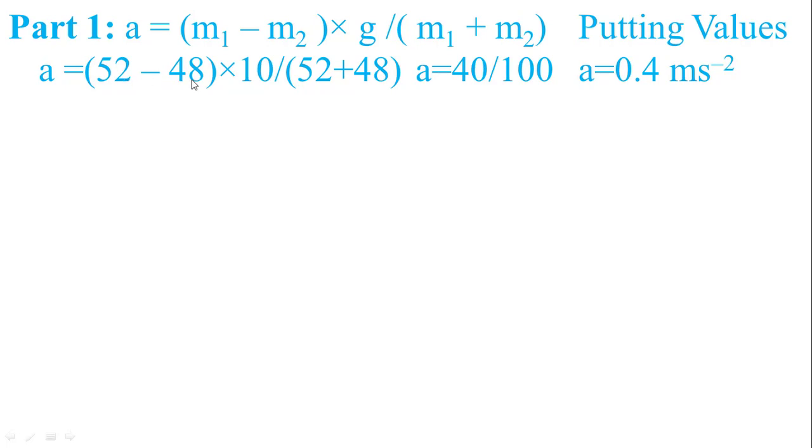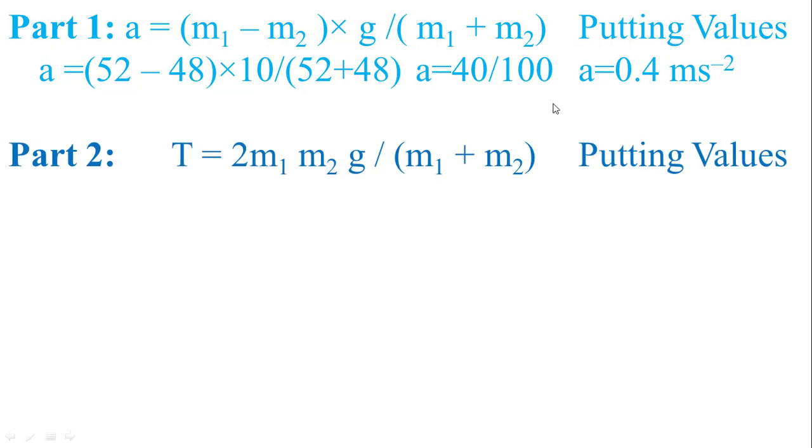Here 52 minus 48 is 4, multiplied by 10 is equal to 40, and 52 plus 48 is equal to 100. Then acceleration a is equal to 40 divided by 100, which is equal to 0.4. So the acceleration a is equal to 0.4 meter per second square.